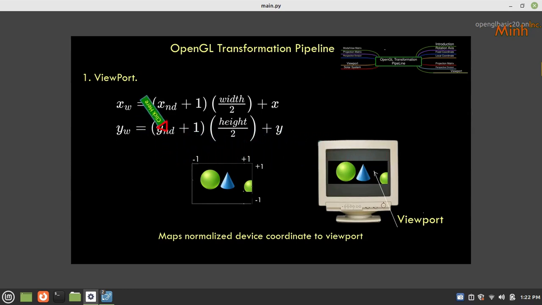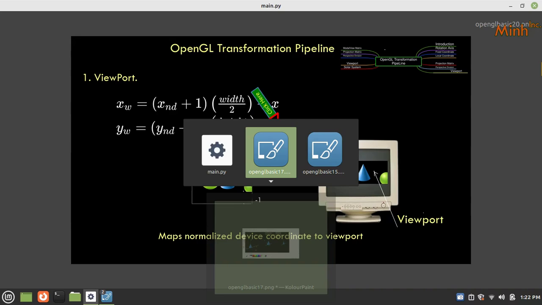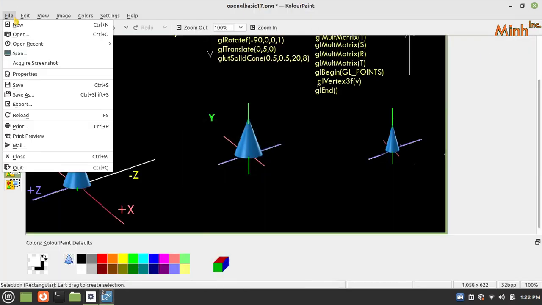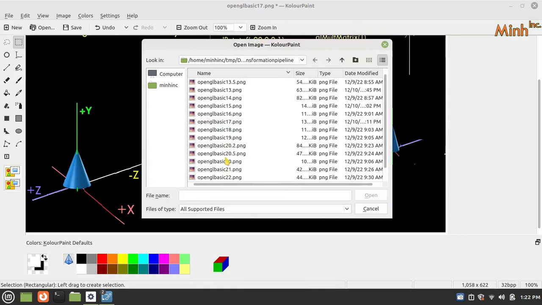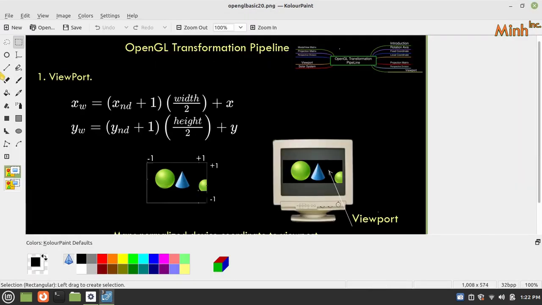If we have xnd and ynd as the normalized device coordinate, then the viewport width is this, the viewport height is this, and this is the origin. So this is x and y.